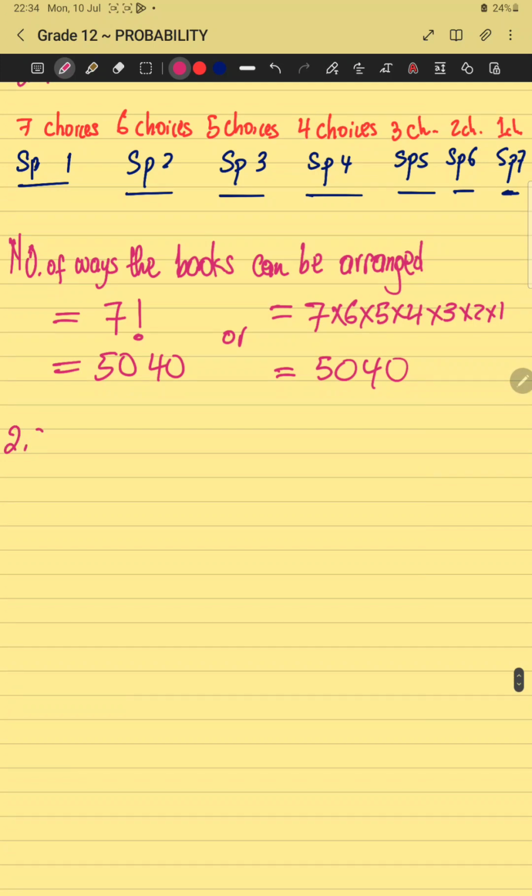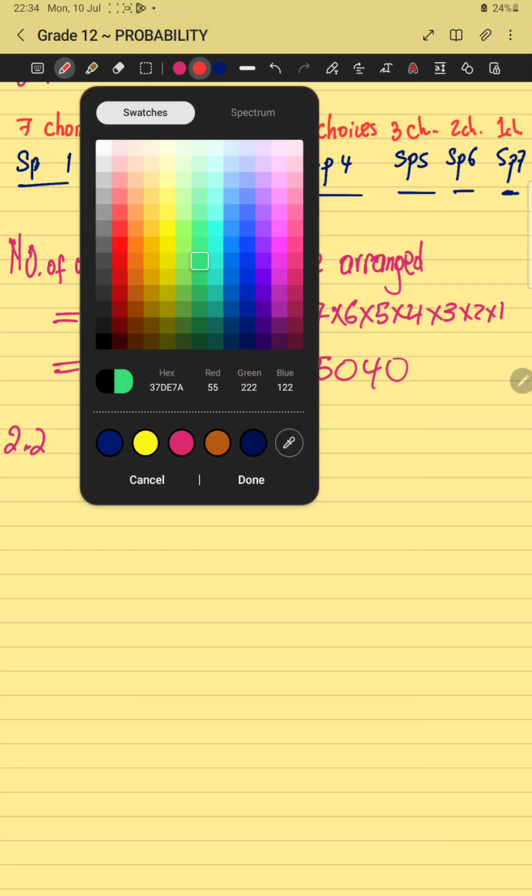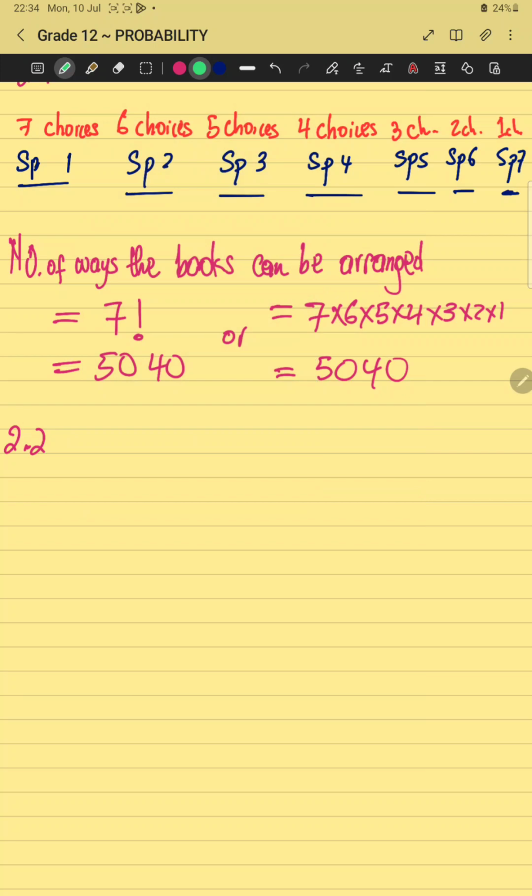How then do we go about analyzing this one? Let me use some color. I'm going to write history, geography, and science.